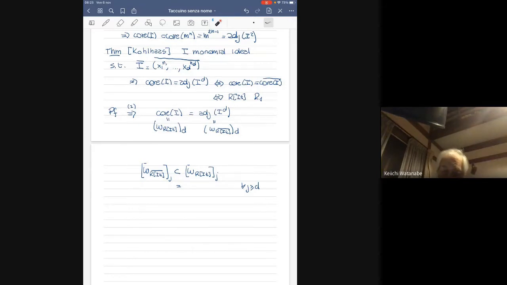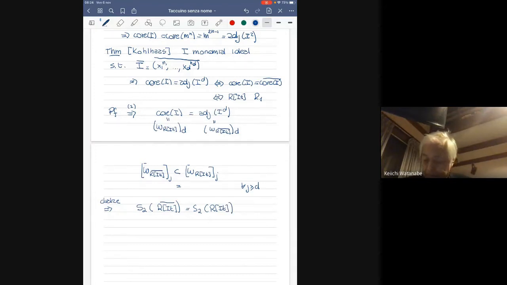And now what we do is dualize this picture into the canonical module. And if we dualize this picture, what we get is the S2-ification. We get the S2-ification of the integral closure of the Rees ring on one side, and the S2-ification of R[It] on the other side, and they have to be equal.